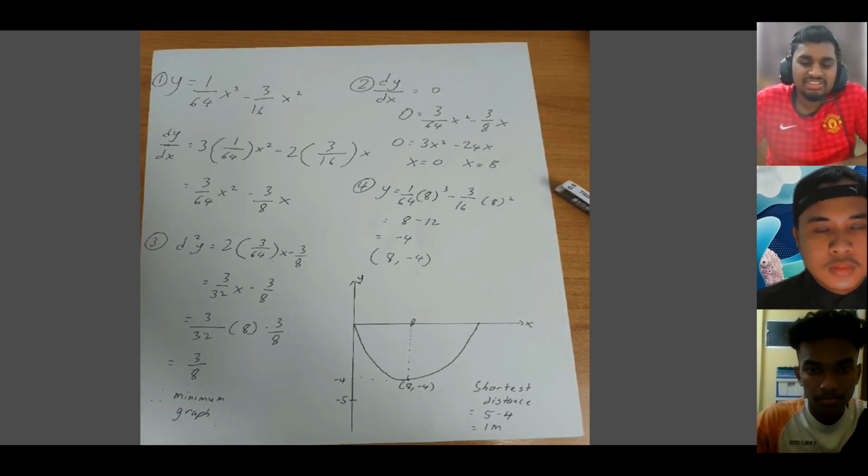Once we substitute it, we get -4. So the coordinates will be (8, -4). Then the final step, we draw a graph to show the shortest distance from the track to ground level. As you can see in the picture, from -4 to -5, the shortest distance will be 1 meter.